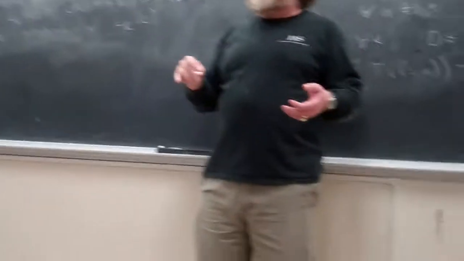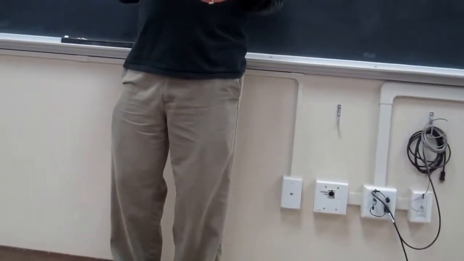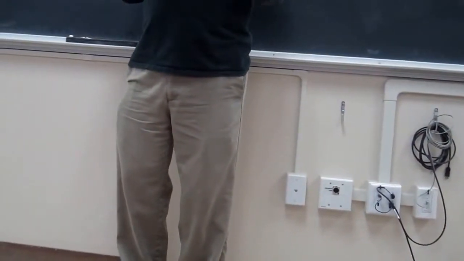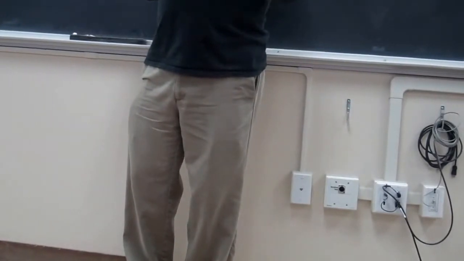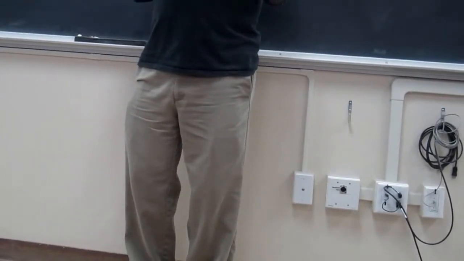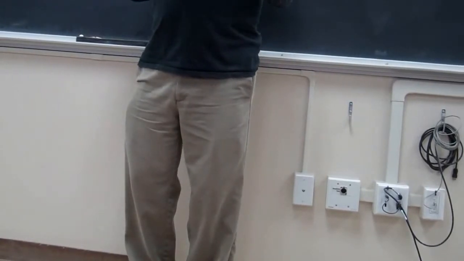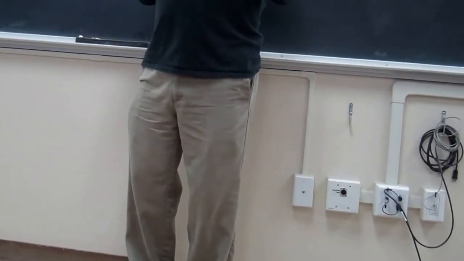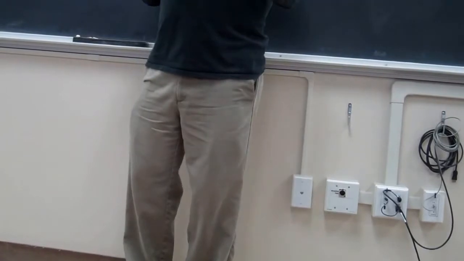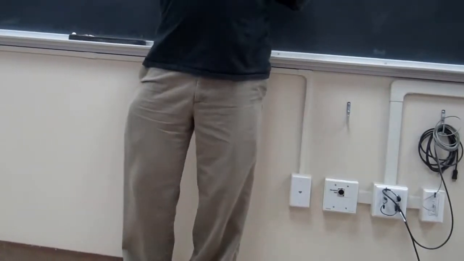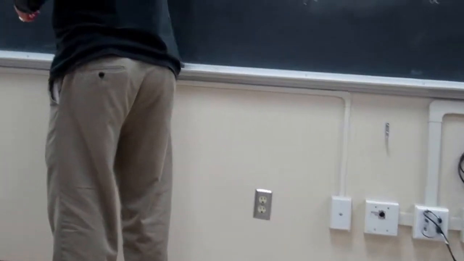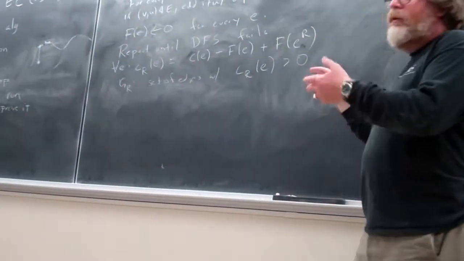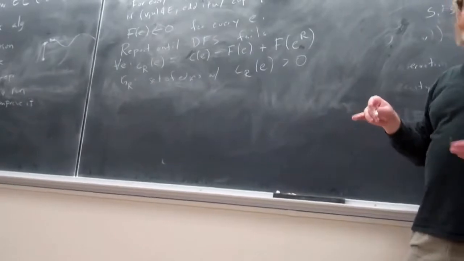Which edges can't we use? If the residual capacity is negative? Well, it's never going to be negative because that would be a violated constraint, but it might be 0. In that case, we can't use it anymore. So we're just going to look at the set of edges with residual capacity bigger than 0.